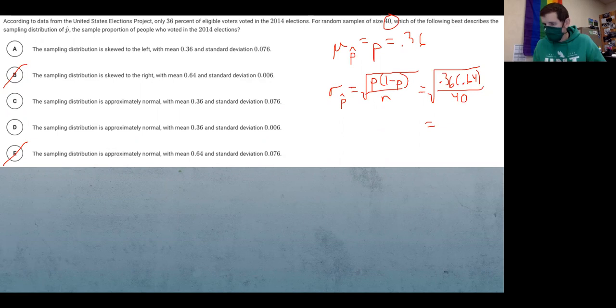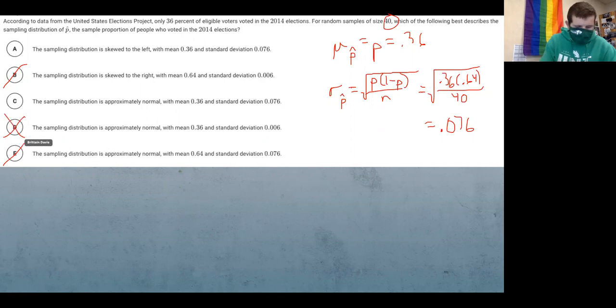Oh, I did something wrong. Of course I did. That does not look like a right answer. Let me change this real quick. Divided by, not multiplied by. There it is. When I did this, I got 0.076. So there we go. It's either A or C.